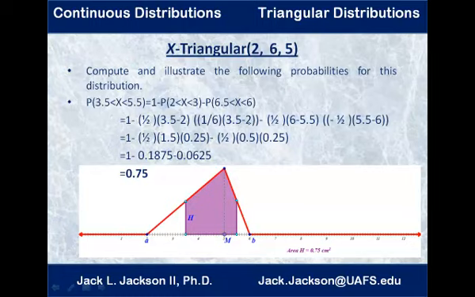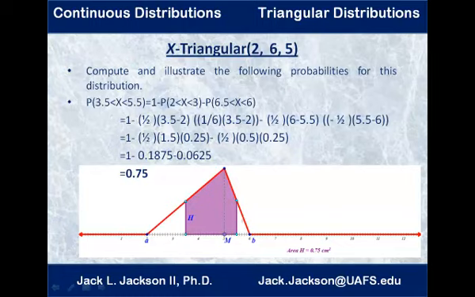So it's x minus 2, 3.5 minus 2, times the slope of 1/6. Okay, well, that's 1.5 times 1/6 is 0.25. So this is 0.25 for the height. The base is 1.5, and then, of course, we always have a 1/2. So that gives us an area that's unshaded here of 0.1875.